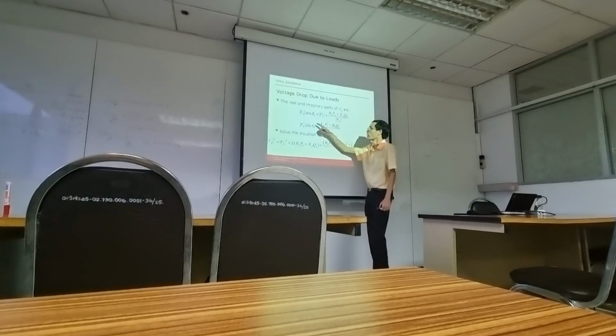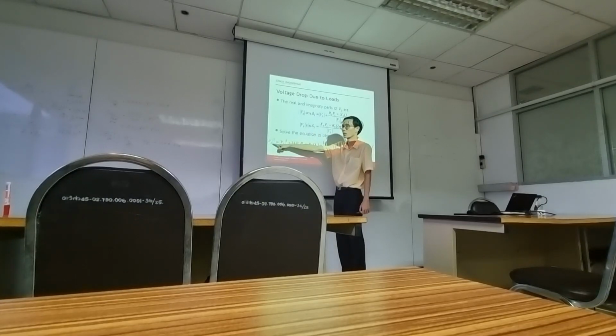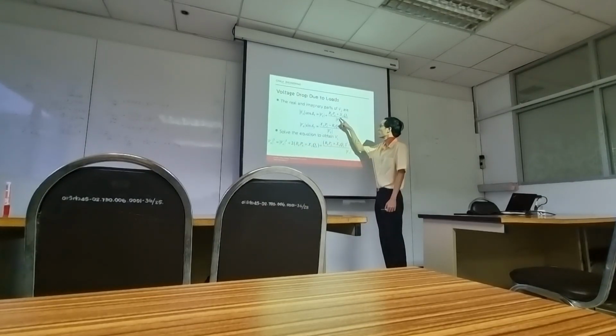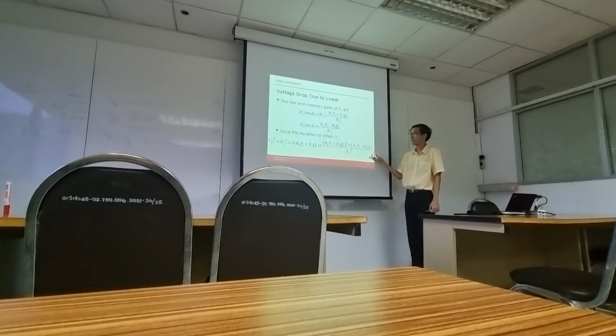So you will get Vs square cosine square plus Vs square sine square, which combine to give Vs square. And then the square of this plus the square of this, you get this. So right now you have only one equation with only one unknown, which is VL.